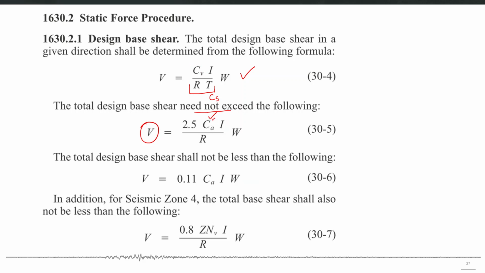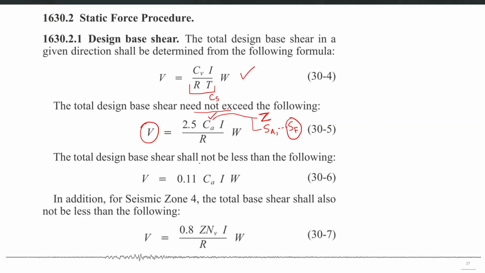So this CA will also be a function of your seismic zone and the soil type, which will be SA up to SF. Basically this SF soil is so soft that the general design provisions are not applicable to it. So there are some special considerations which you should consider if your structure lies on a site having soil type SF. But we will see that in a moment when we go to the CA and CV tables.